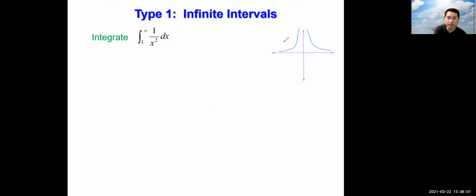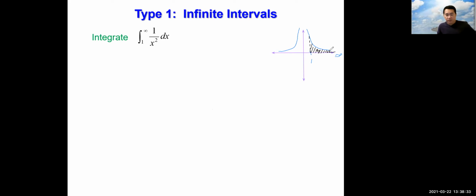Now, since I integrate from 1 to infinity, it's here, 1, infinity, out there. So again, what I'm really asking you to do is to integrate and find the area from 1 to infinity, all the way. Okay, so it's that area.